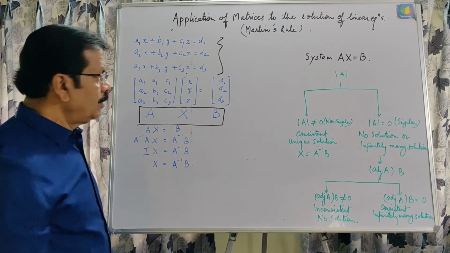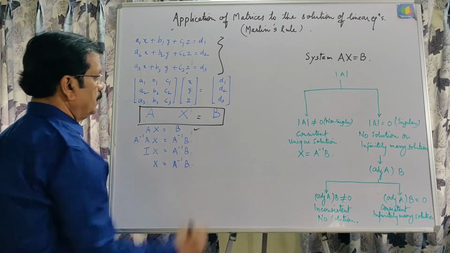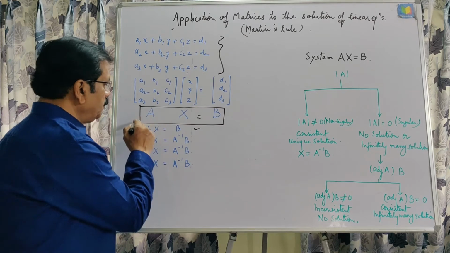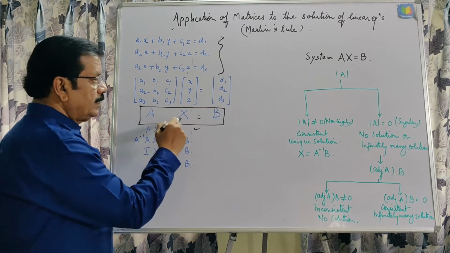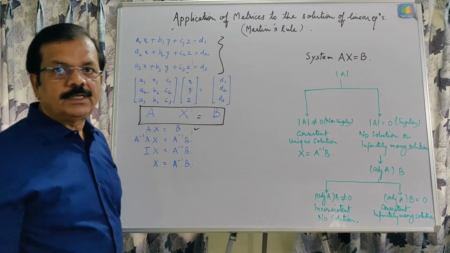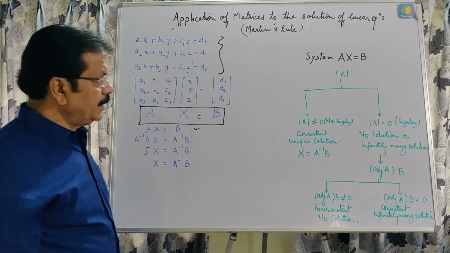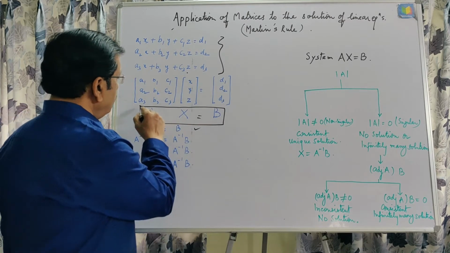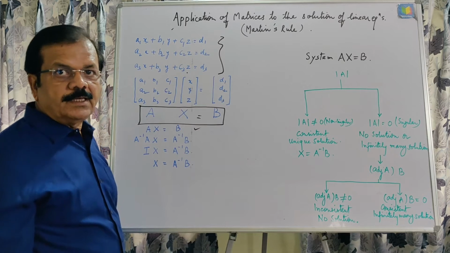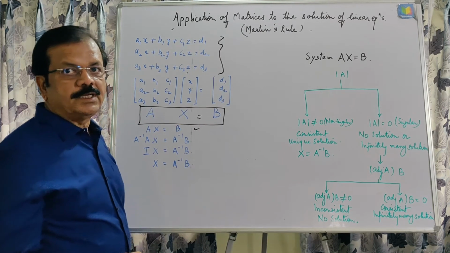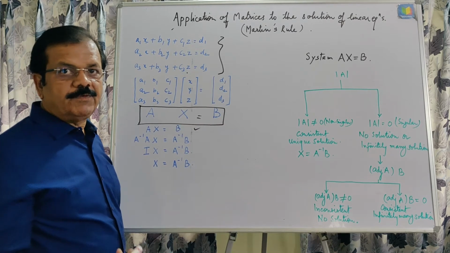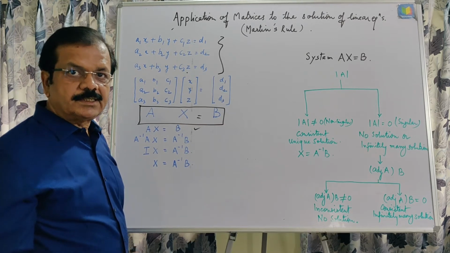After writing in this way, this is called the system AX is equal to B. Now first of all we have to show whether this system has any solution or not. If any system has a unique solution or an infinite number of solutions, then we say that it is consistent.